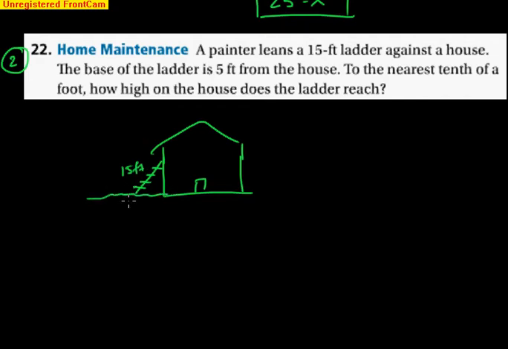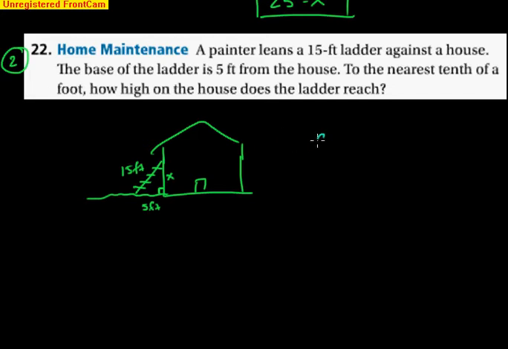And here's the ground. And the base of the ladder, down here, is 5 feet from the house. So this right here is 5 feet. Where the house meets the ground is a right angle, and there's my right triangle. And the question is, to the nearest tenth, how high up the house does the ladder reach? Call it x. Again, right triangle, no angles given, two of the three sides, Pythagorean theorem.